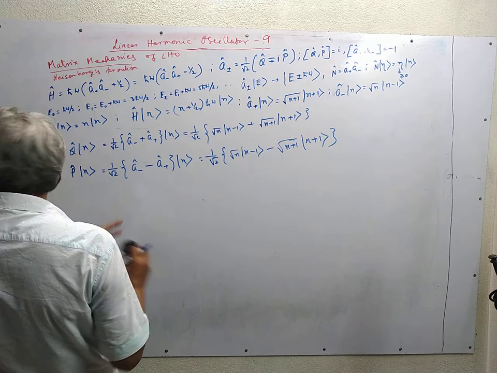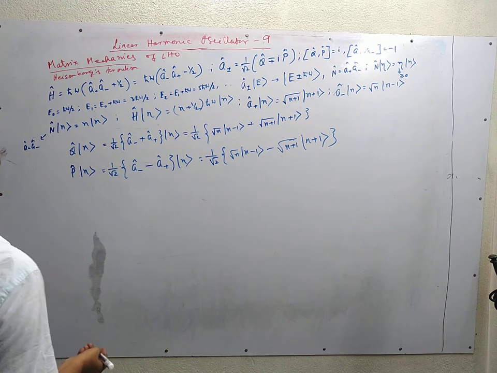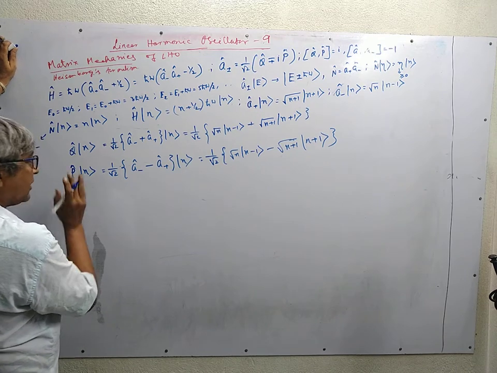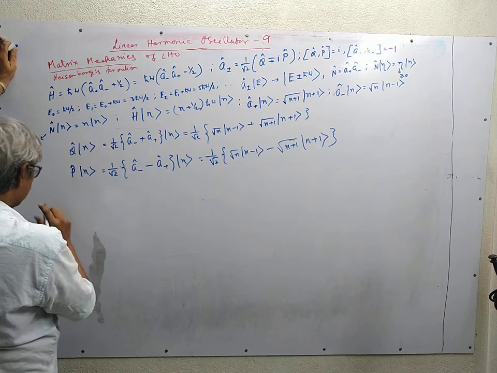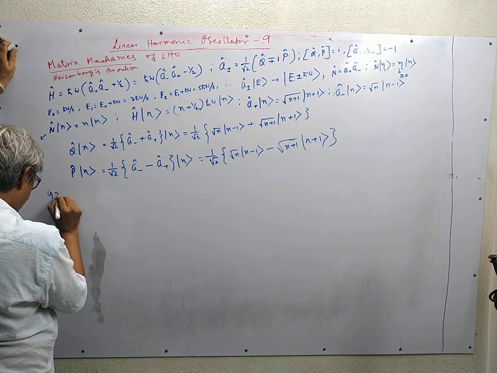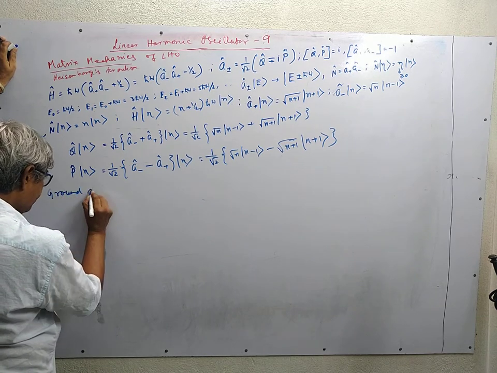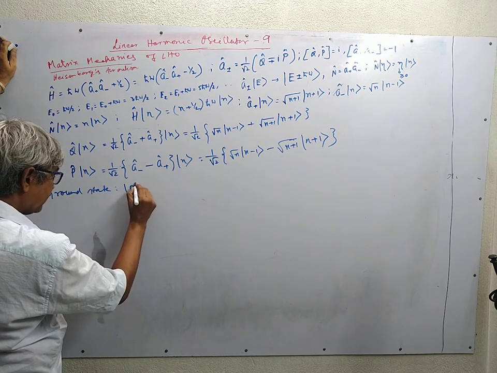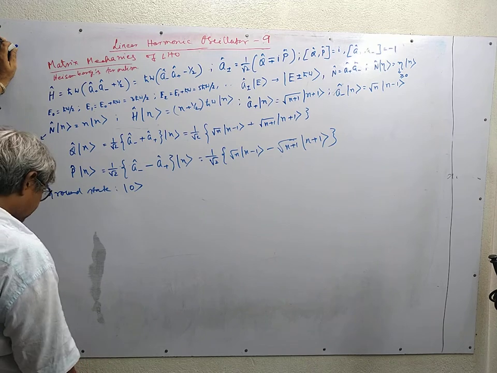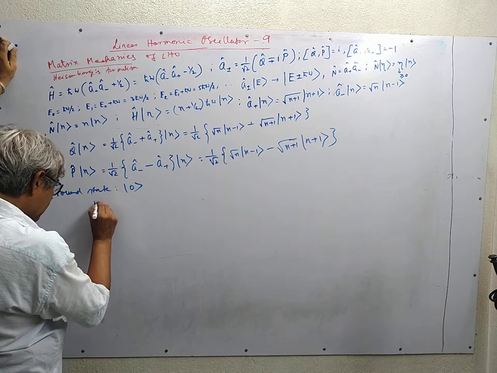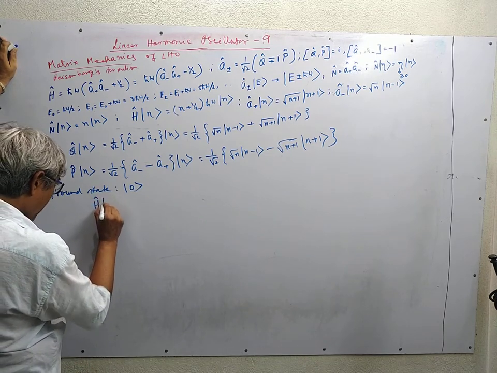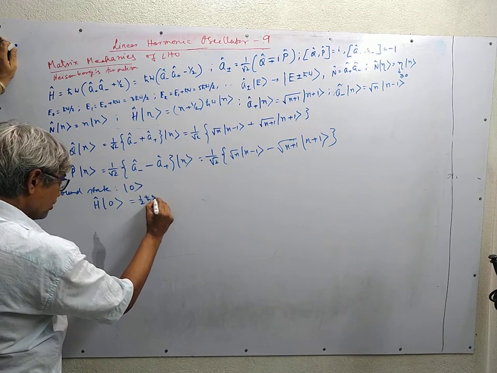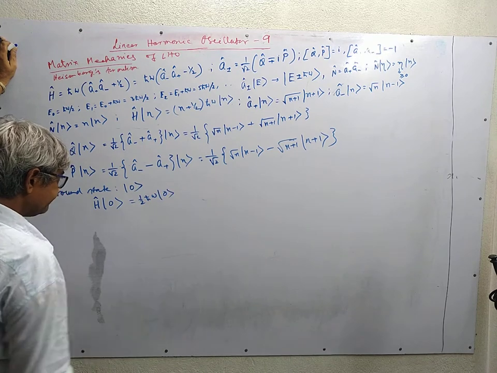Now I come to the conclusion about the ground state. I am looking for the ground state. The ground state is denoted in number representation as 0, and H operating on a number state gives half h cross omega.